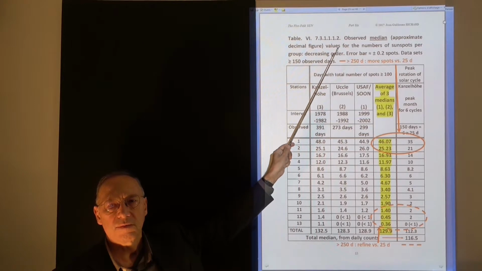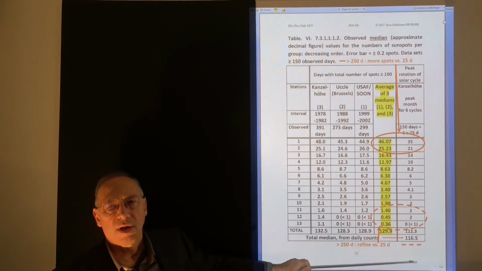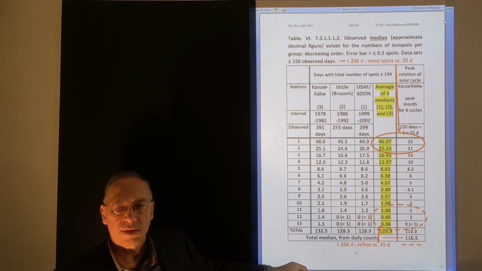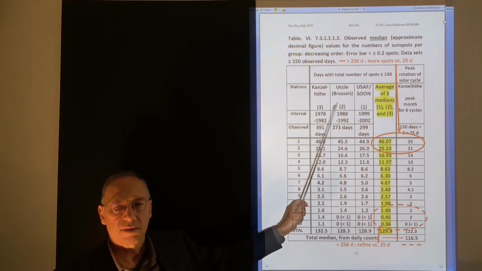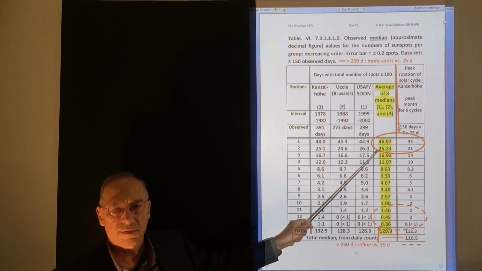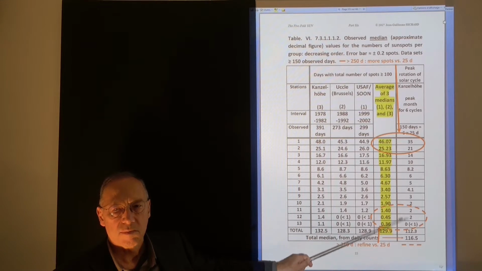So the observed median values are, you see, for the 3 different stations as follows here in this column: 46, 25, 17, 12.